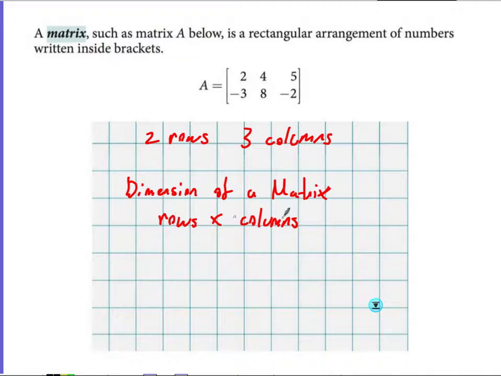Rows are going to go first and columns are going to go second. So if I were to find the dimension of matrix A, it's going to be a 2 by 3 matrix. So the dimension of matrix A is 2 by 3. Again, rows are always going to go first and columns always go second.